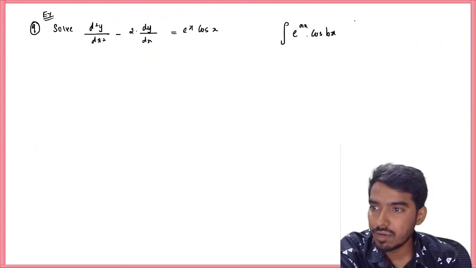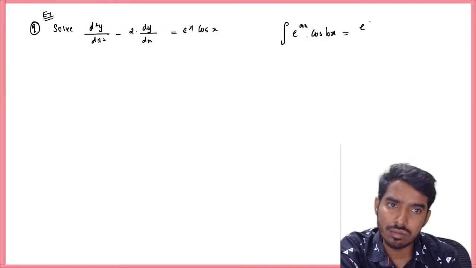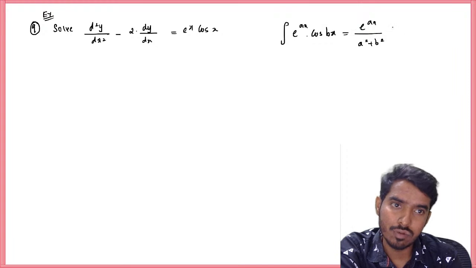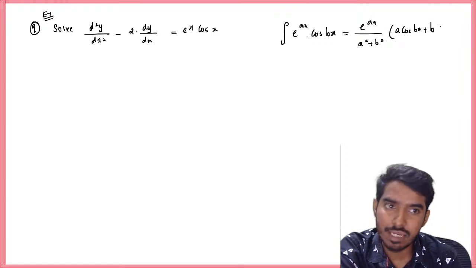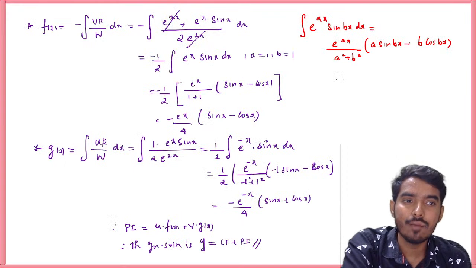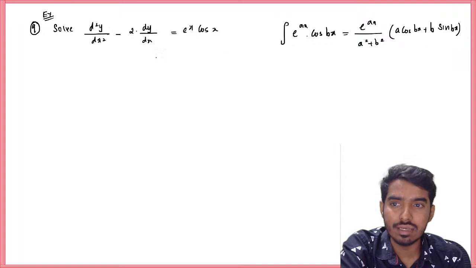This is e power x. Here we have plus, that's it. E power x by a square plus b square, a cos bx plus b sin bx. Right? Here we have minus, here we have plus. That's the only difference for this, right? You'll be using this. You take this exercise.